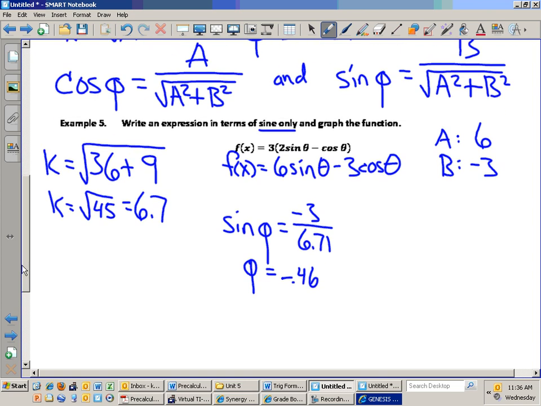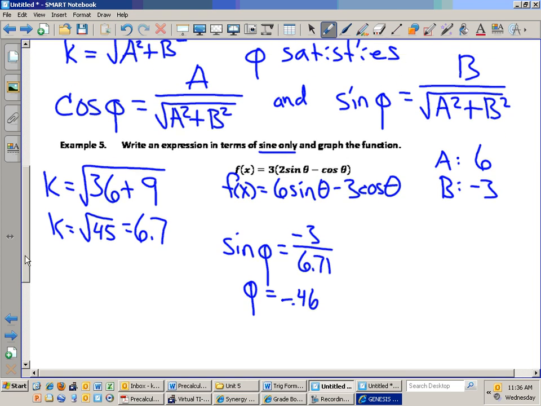So now I have my function. F of x is equal to 6.71 times the sine of x minus 0.46.